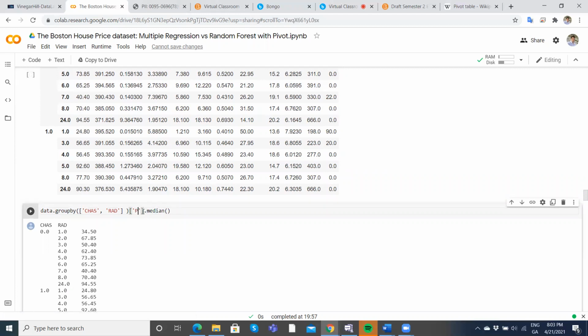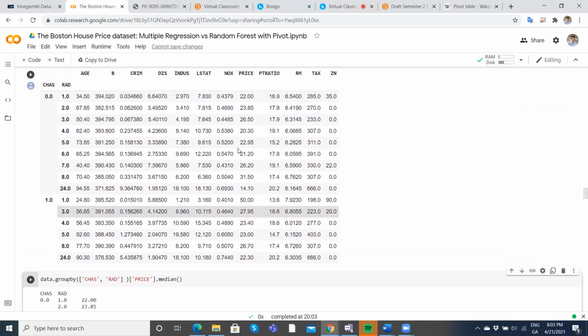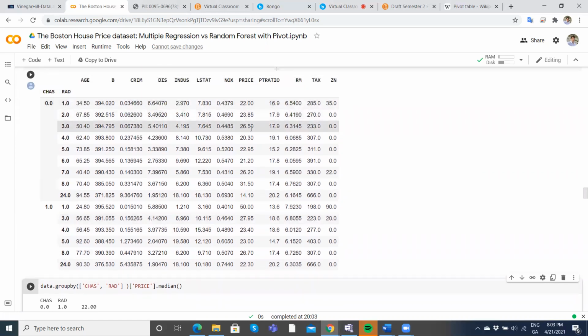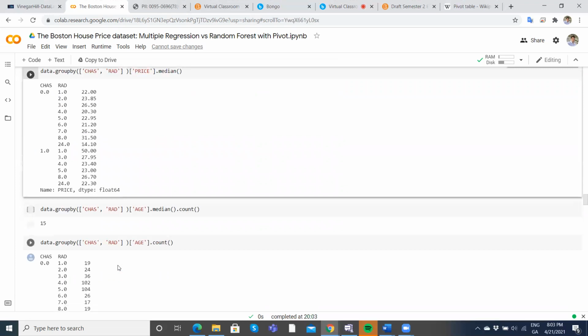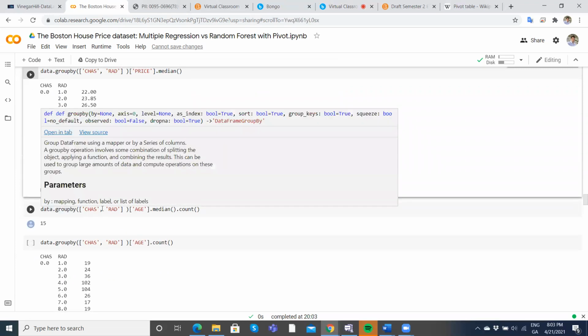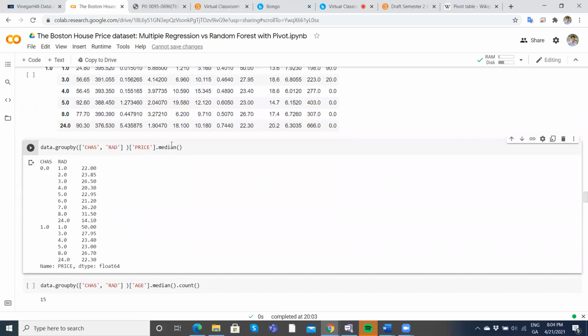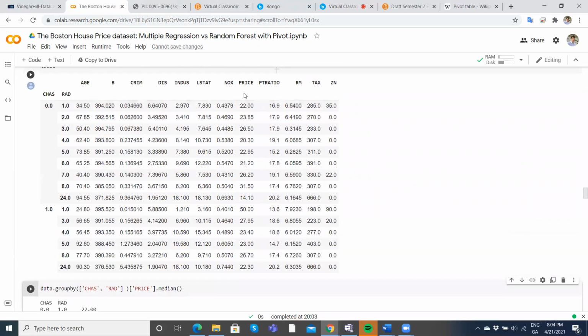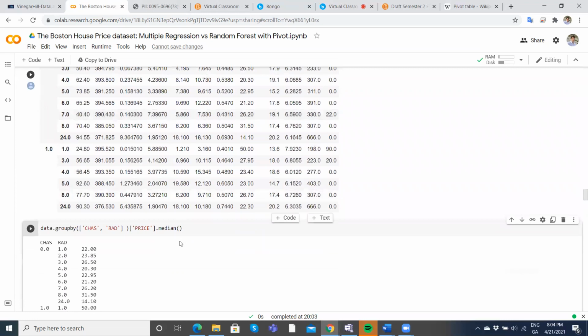Let's put in price, P-R-I-C-E. Let's execute that. And you can see, look, 22, 23, 26. 22, 23, 26. Right? So I'm able to narrow down. Group by is a nice way of running the same type of query, and we can target a little bit what it is we want, right?